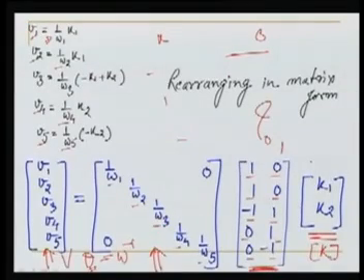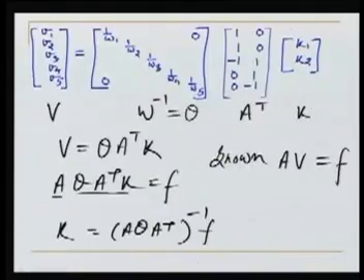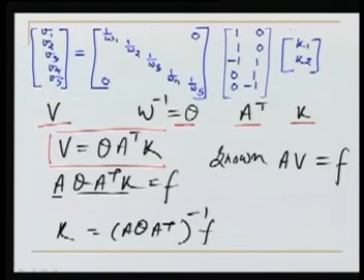This is A transpose. So how can we write it? This is V, the cofactor matrix, A transpose and K. So we are now writing it as V is theta A transpose K.